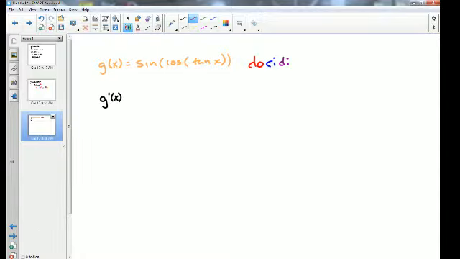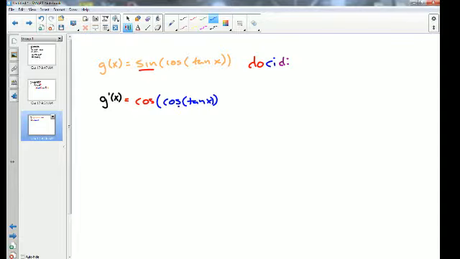What is the outside function here? So derive cosine. Sine, cosine, copy. Now the derivative of this mess is negative sine, right?